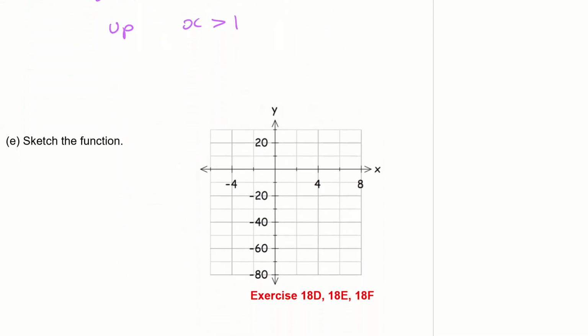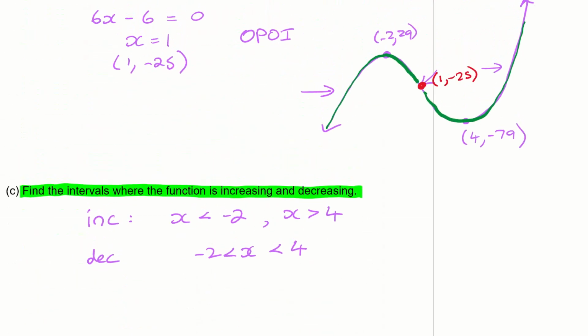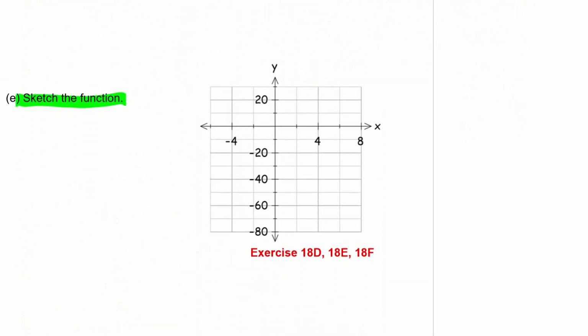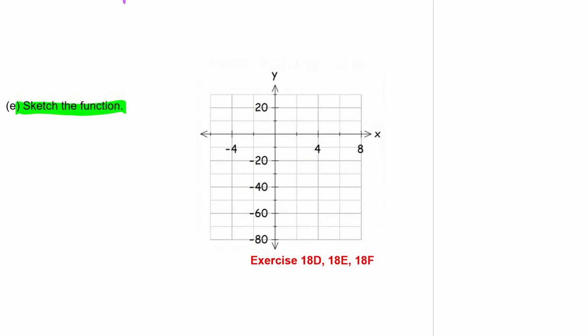And then finally, we want to sketch the function. Now we could certainly, if we have the calculator available, get some more points to try to locate things exactly. But the things that we know so far are -2, 29, and this would be 30 here, so -2, 29 would be around there.